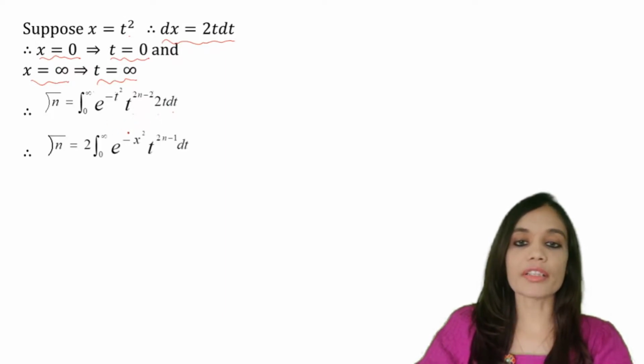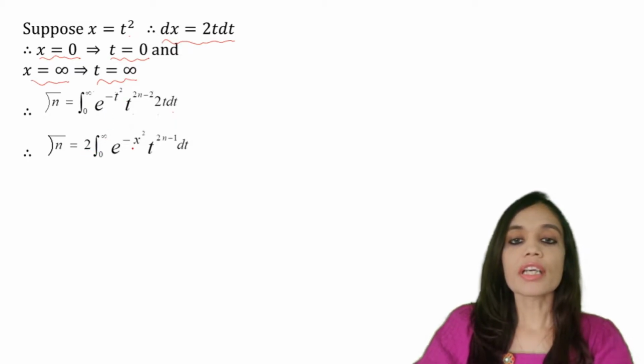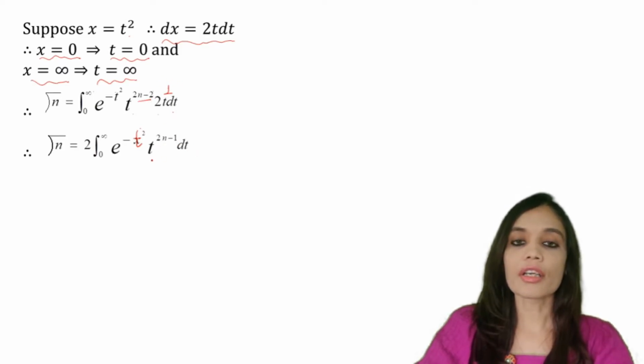Now let us simplify this. What we will get is gamma n as 2 times integration 0 to infinity e raised to minus t square, t raised to 2n minus 1 dt. Now we will replace our t by x.